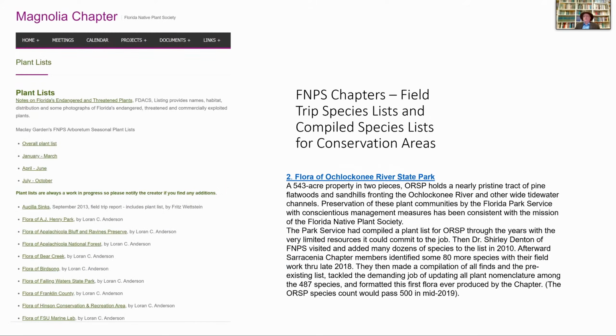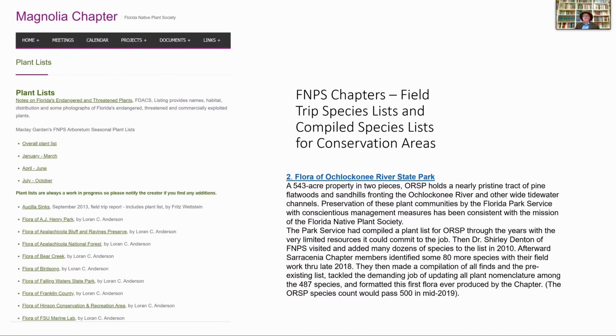And also, Florida Native Plant Society chapters are doing compilations of field trip species lists and species lists for particular natural areas. The one on the left is a small part of what the Magnolia chapter has available, and the one below is part of one for, I believe that's the Sarracenia chapter, for Ocklawaha River State Park that the chapter is compiling.